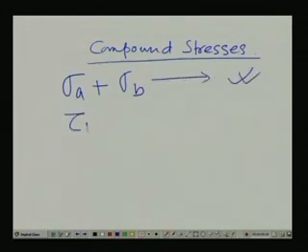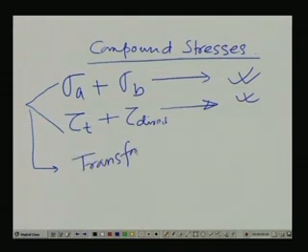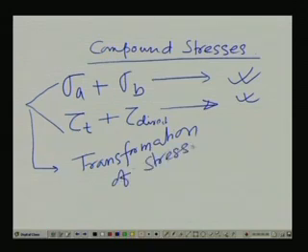Then tau torsion plus tau direct or something like that, you can do it. Then you add up. How do you do it? By transformation of stresses. This transformation of stress can be done how?